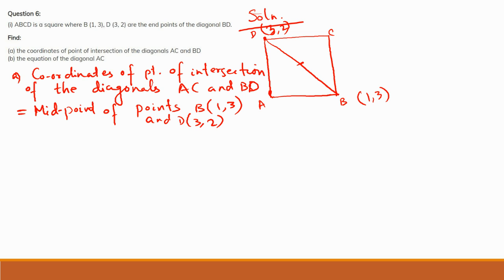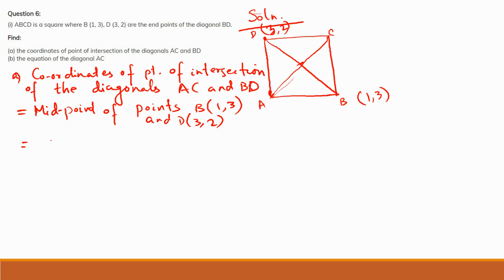So the midpoint of B and D will be the coordinates of the point of intersection of these two diagonals, right? Diagonals of the square AC and BD, right? This should be the midpoint. This should be the coordinates of the point of intersection.